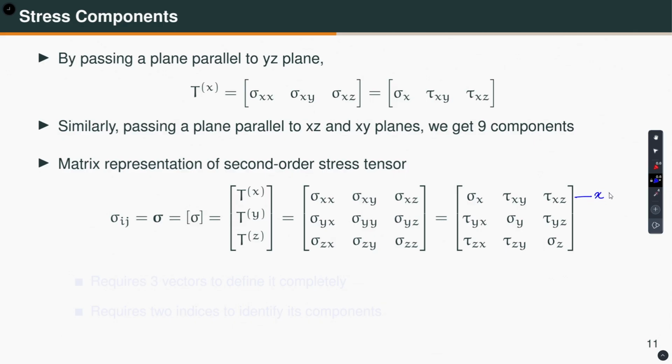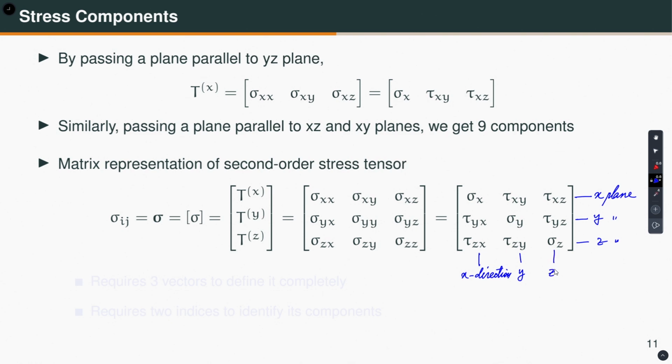So, this is the x plane, similarly this is the y plane and this is the z plane. So, that is the first subscript. On the other hand, if you go column wise, then this is the x direction, this is the y direction and this is the z direction.